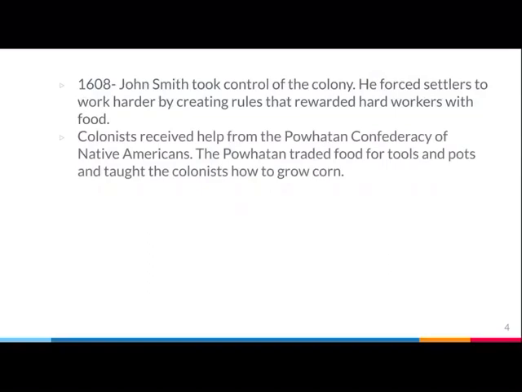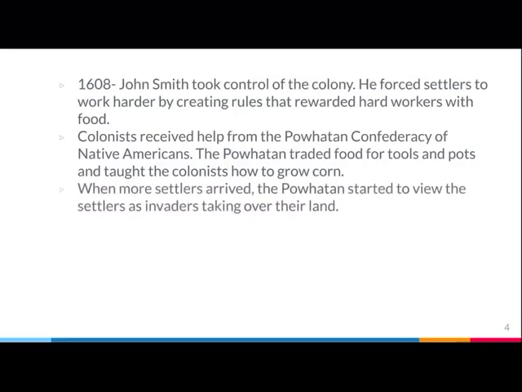The colonists also did receive help from the Powhatan Confederacy of Native Americans. So the Powhatan traded food for tools and pots and taught the colonists how to grow corn, which definitely helped the colonists learn some more about the land. We're seeing this interaction between colonists and Native Americans.